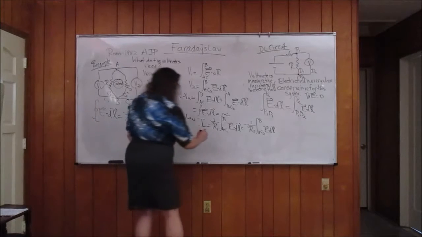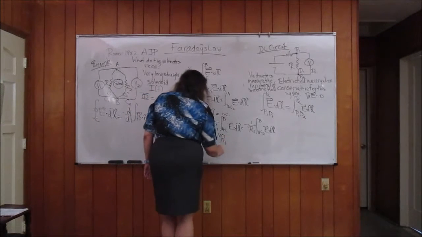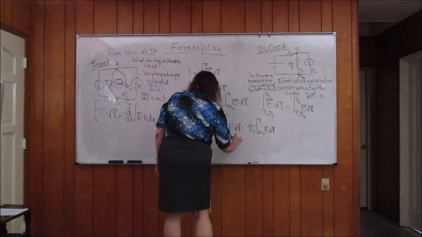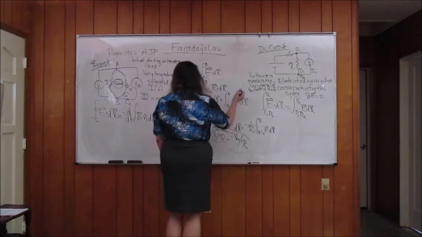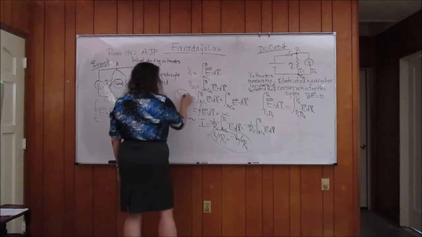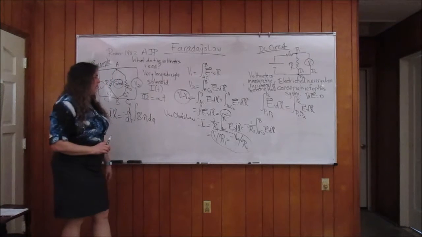So with that, I can make these two replacements. We have V1 over resistance R1, and that's equal to minus V2 over the resistance R2. And we know that the difference between those two readings is going to be equal to alpha.